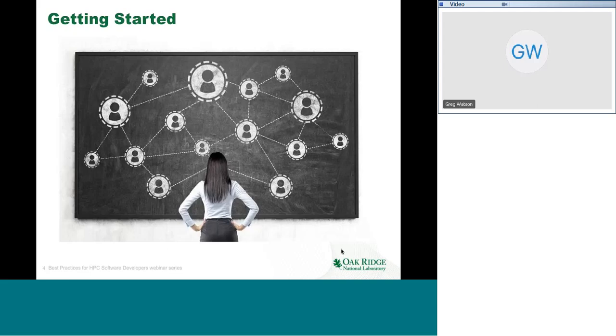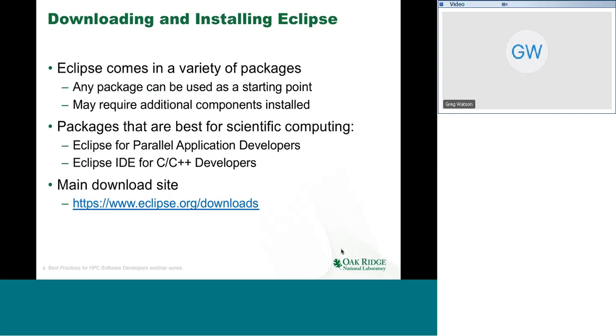Okay, so getting started, what I want to cover is just how you get Eclipse and install it. And I'm going to cover this pretty quickly. Essentially, Eclipse comes in a variety of different packages, and you can really use any package as a starting point.